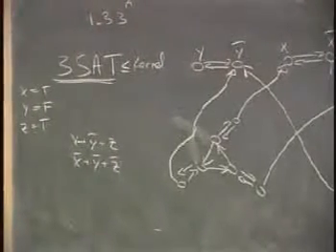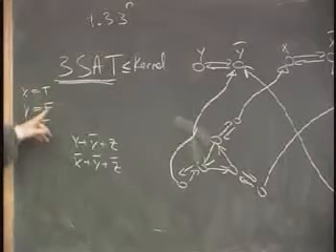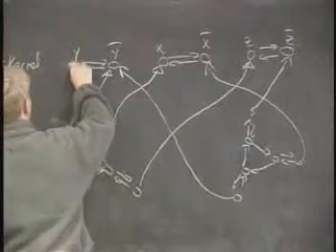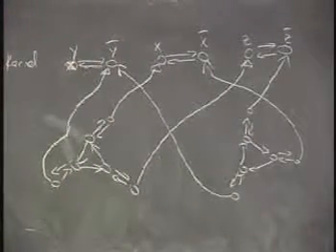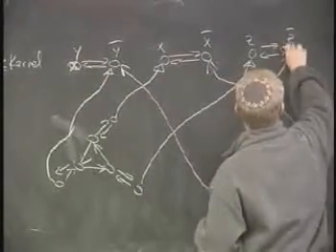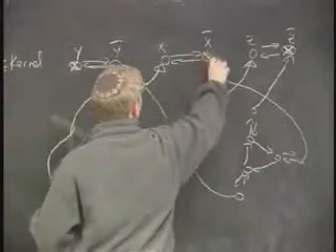We're going to put the variables that are false in the kernel. So if you tell me y is false, that gets to be in the kernel. Z is true, so Z bar is in the kernel. And X is true, so X bar is in the kernel.